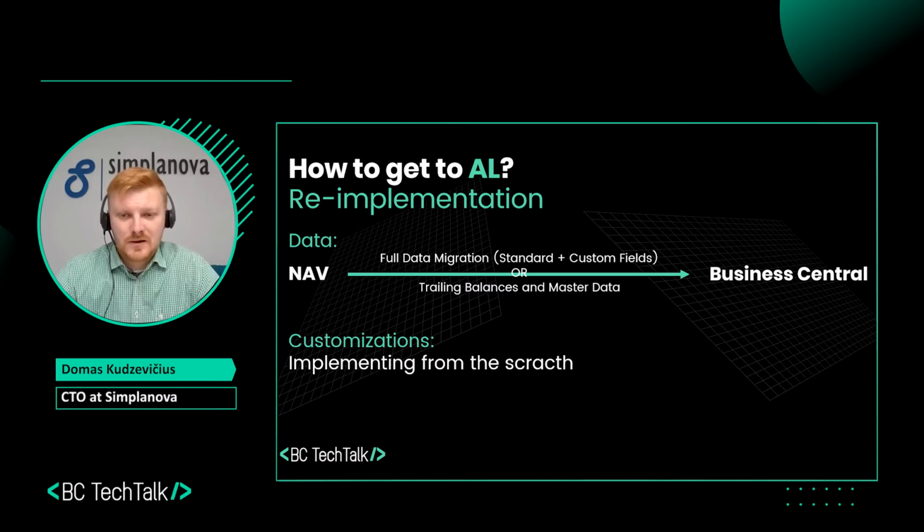The second point, I believe that the end users will be able to use Business Central much earlier than if you would go with the upgrade path. And you have an option to change, switch, get rid of some of the add-ons which you had in your solution.